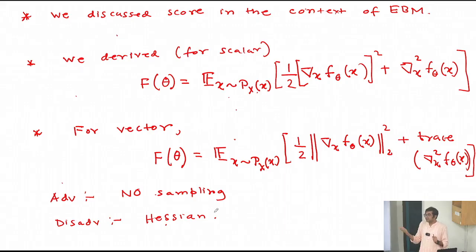So D backpropagations is expensive. One backpropagation itself is expensive, but we are talking about D backpropagations. And those D backpropagations will happen per calculation of the loss function or per update of the parameter. So this is expensive. Everyone follows why it is expensive, right? We will see what we can do about that in a short while.